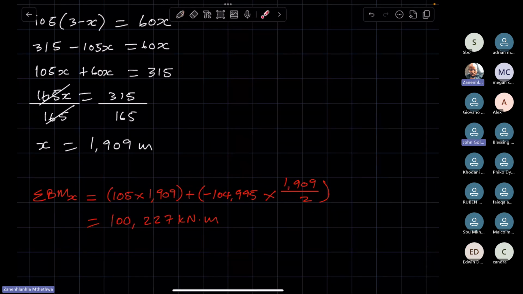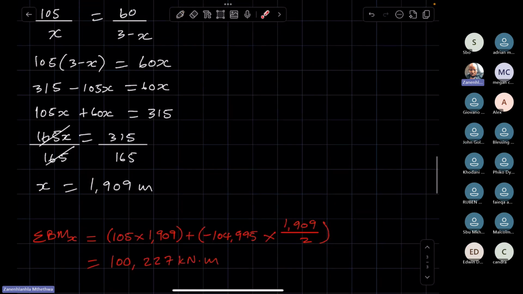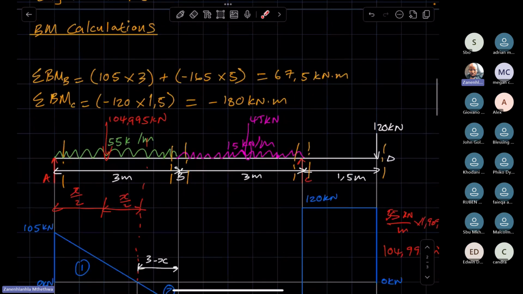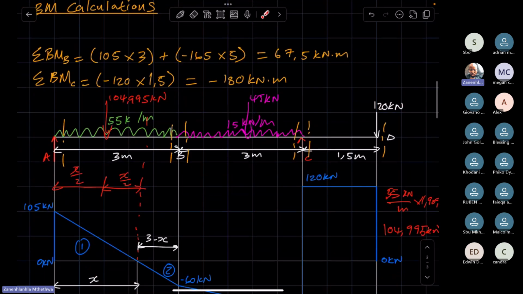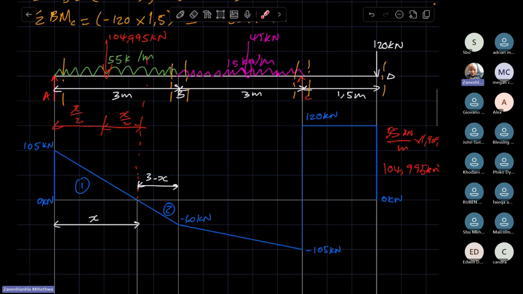Once you've calculated the bending moment at that point, it means you have calculated the bending moments at all critical points. This became a critical point because the shear force is equal to 0 here, and the shear force suggests that the maximum bending could be taking place at this point.